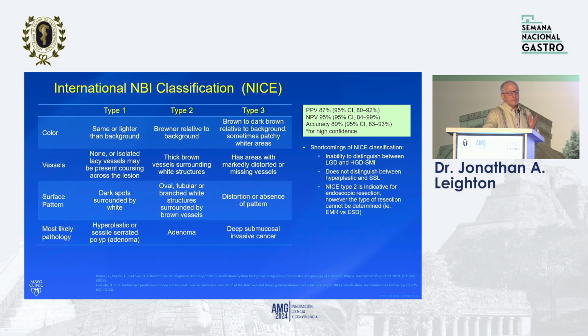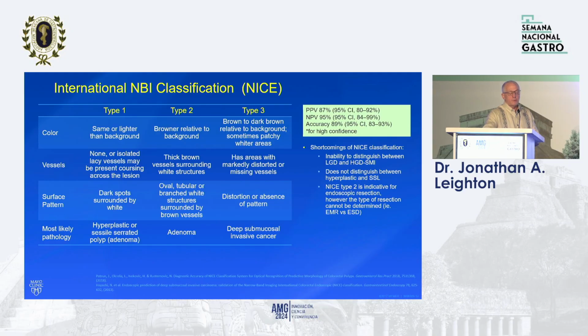And in addition to that, we use the NICE classification. There's the type 1. It uses color, vessels, surface pattern, and to predict pathology. Type 1 is, again, hyperplastic or sessile serrated. Type 2, you can see thick brown vessels and then tubular structures, and those are adenomas.